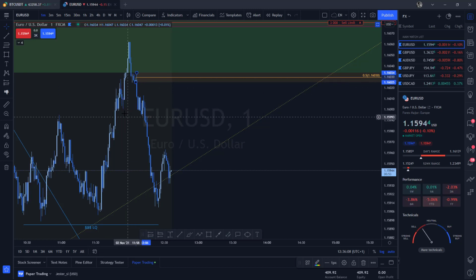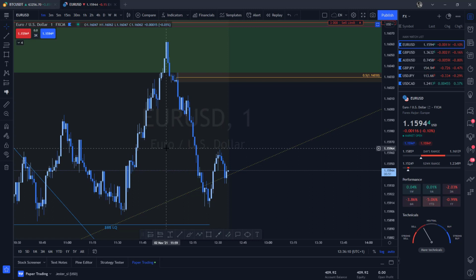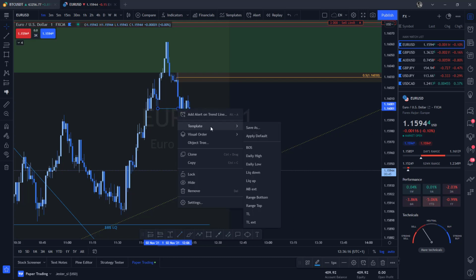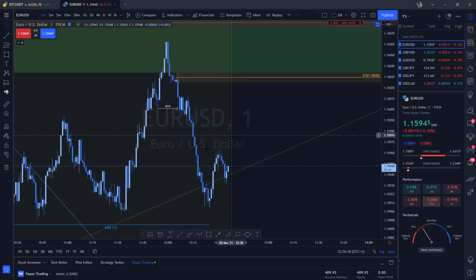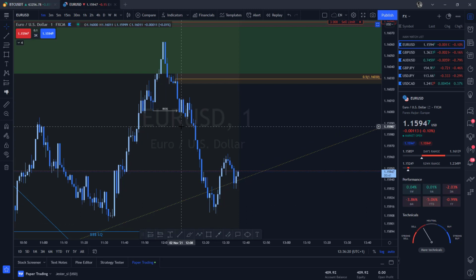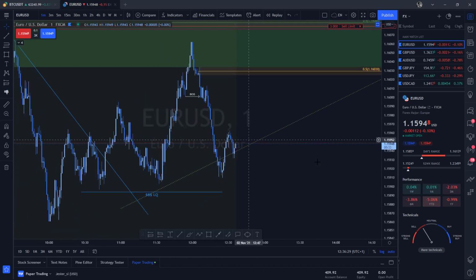This was a minor low, and a bearish candle closed below this low, so this is my break of structure, and this is the last point of supply on the 1 minute. So this could also be an entry point for the price to go lower.